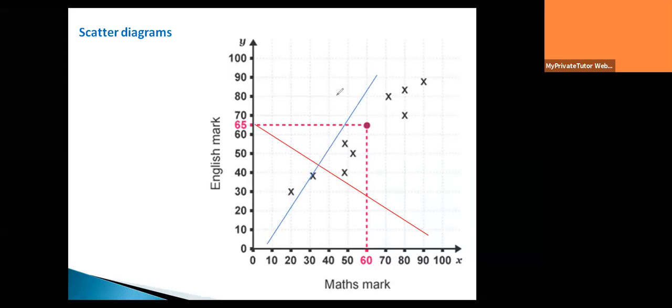The blue one is increasing, so it is a positive correlation, and the red line I have drawn is negative, which is decreasing, guys. And zero correlation means it's constant. It looks like a horizontal straight line, so there is no variation.